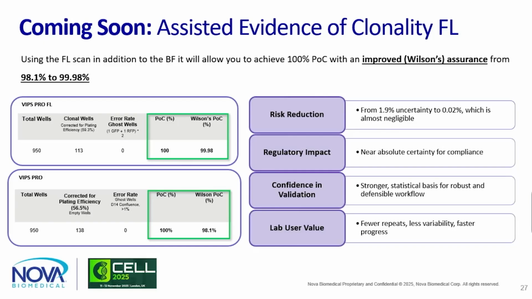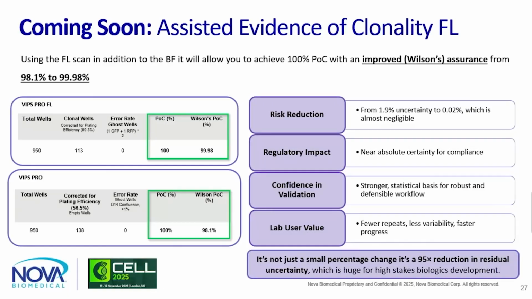You're also going to have fewer repeats, less variability, and faster progress. It's not just a small percentage, it's a 95 times reduction in residual uncertainty, which is huge for high-stakes biologics development.